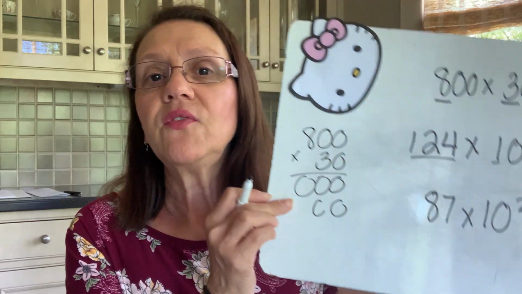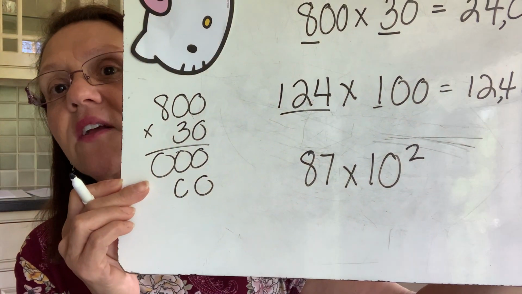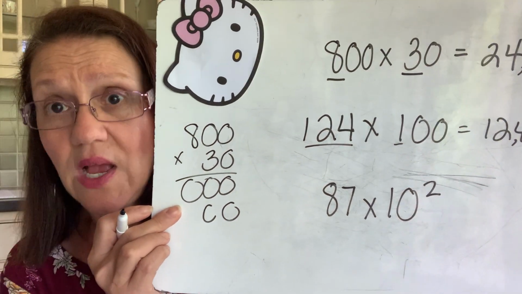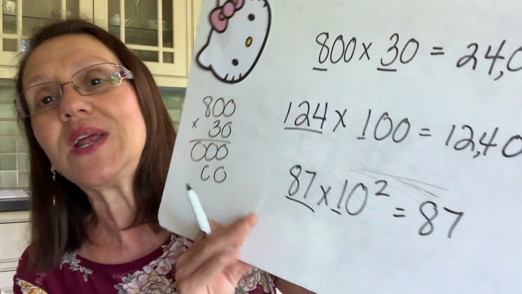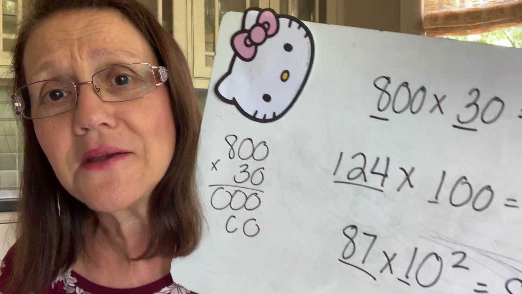Sometimes you will have numbers that are multiplied by exponents. We did this last time, exponents. They're even easier. How can they be easier? They are. Same steps, find your math fact and underline it. In this case, 1 times 87, which is 87. But now, because it's an exponent, instead of having to count the number of zeros, you just look at the exponent and it tells you how many zeros.